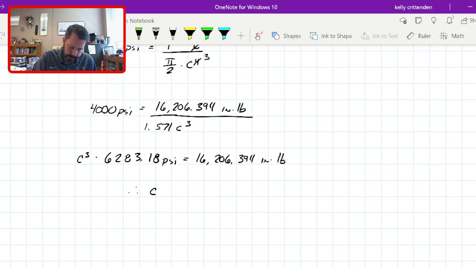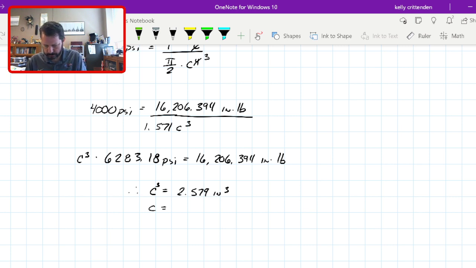So let's see, therefore C equals 16,206.394 divided by 6283.18. So C cubed is 2.579 inches cubed. C equals the cube root of that thing.